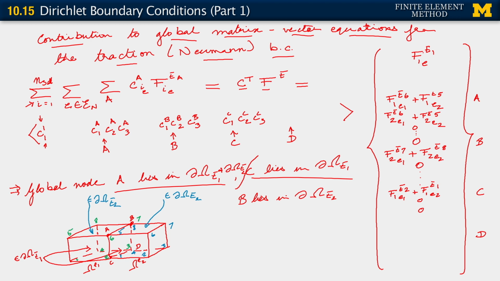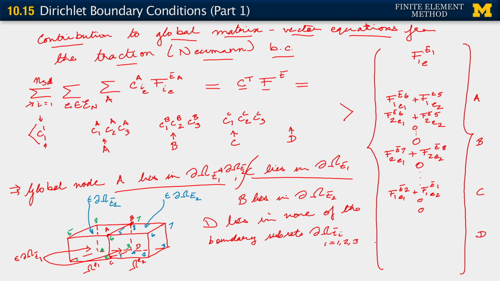Furthermore, for the way I've drawn it here, let's suppose that D belongs to no traction boundary. D lies in none of the boundary subsets partial omega t bar I, where I equals 1, 2, 3.